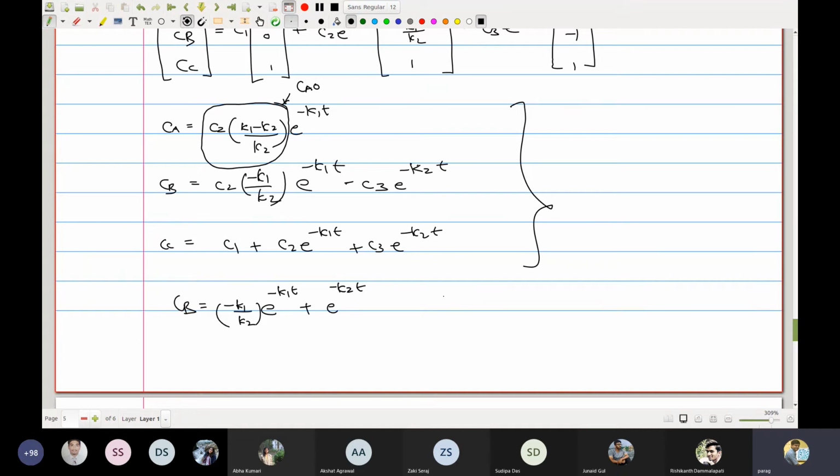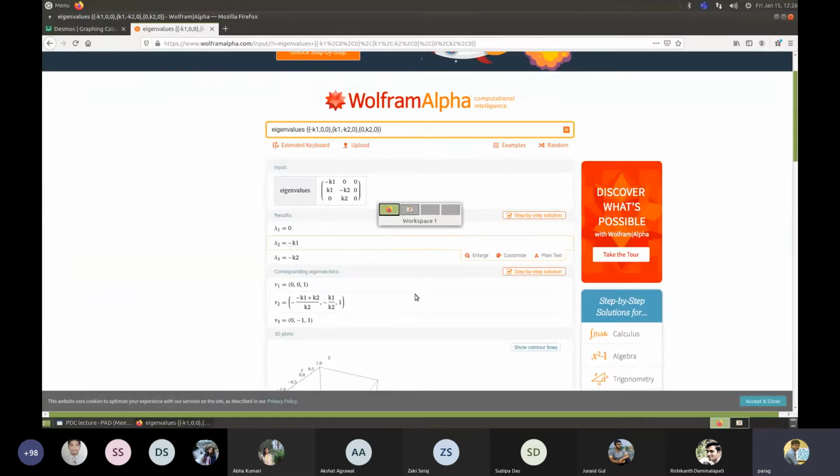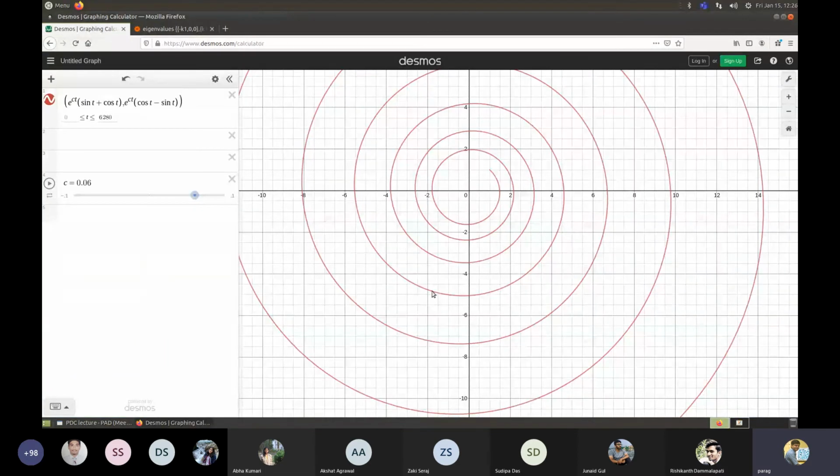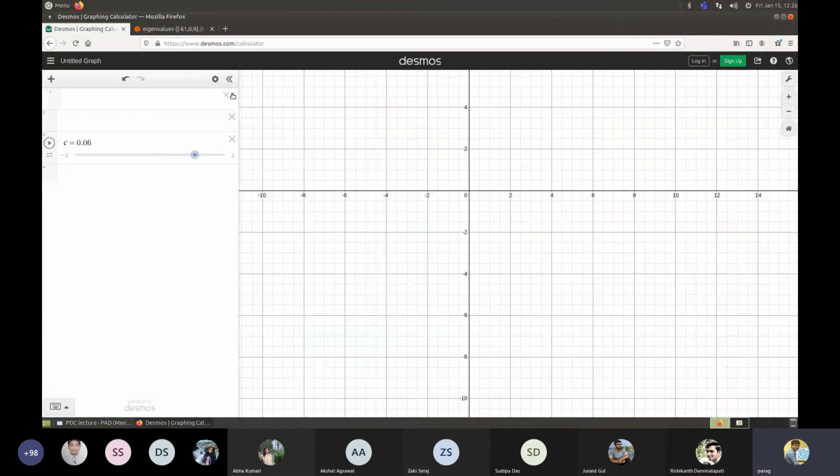Let us try to look into the dynamics of CB specifically. So let's go here and I will make it from simple to complex so that there is no problem understanding the notation.